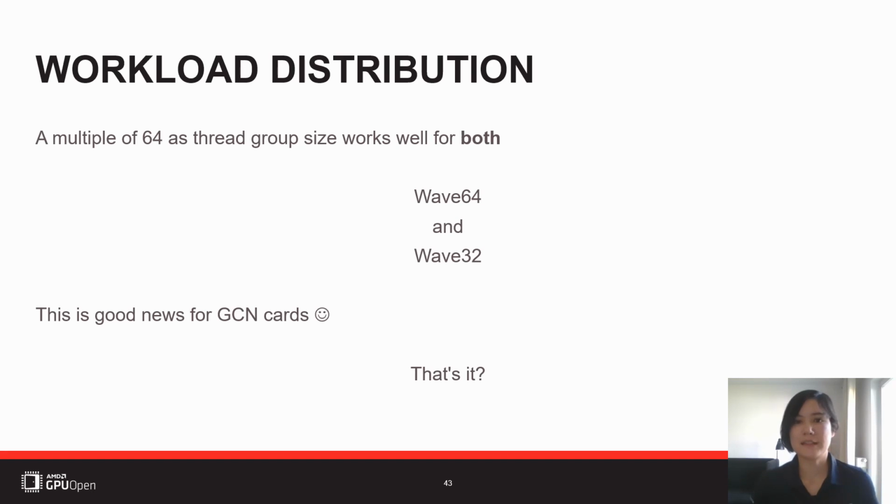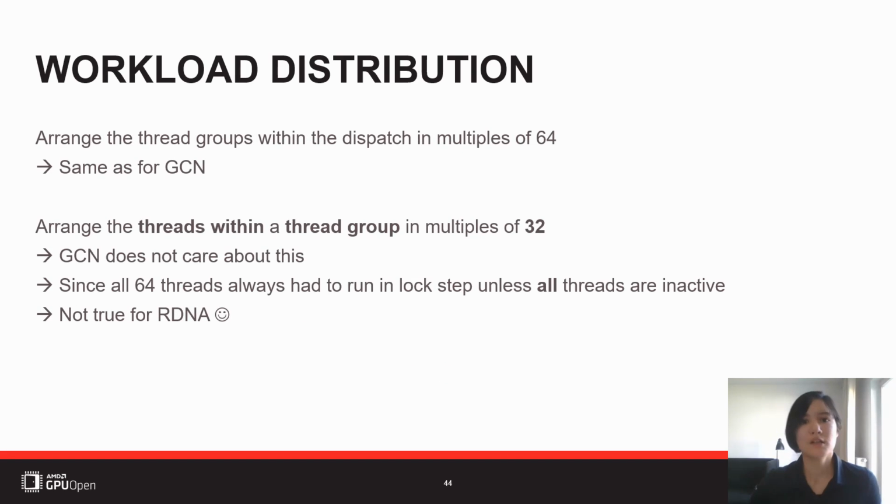Now the question is: is that all? Was that the whole message? No, obviously not. If you look at the level of your dispatch, the amount of thread groups, and how big your thread groups are, then yes, that's all. Just use a multiple of 64. But if you look inside a particular thread group, we can actually do more.